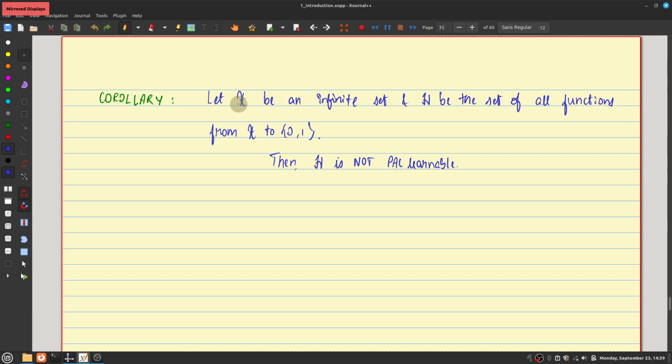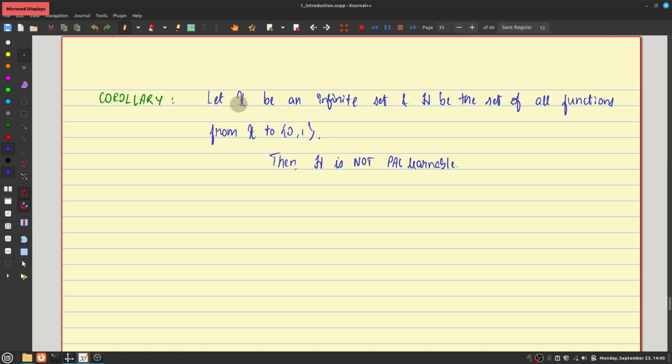Right? And the reason is because you take any finite subset of X. Let's suppose that you have 2m symbols in this particular set. The set of all functions from this set to 0, 1 is 2 to the power 2m, right? It's a set of all functions from this finite subset to 0, 1. And for this, you need at least m samples, right? So no matter how many samples you have, you're not going to be able to learn even a subset of the functions in the hypothesis class.